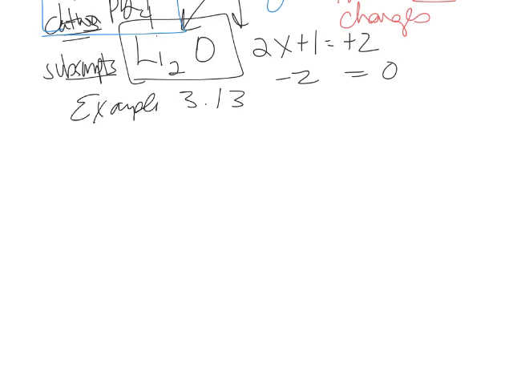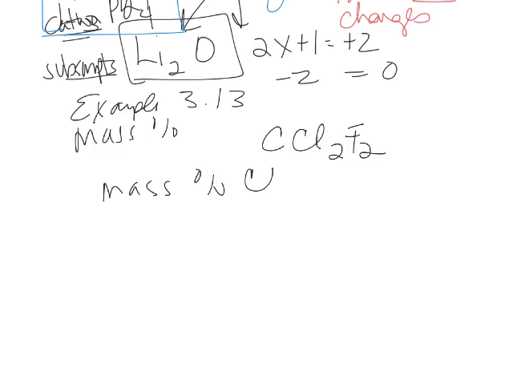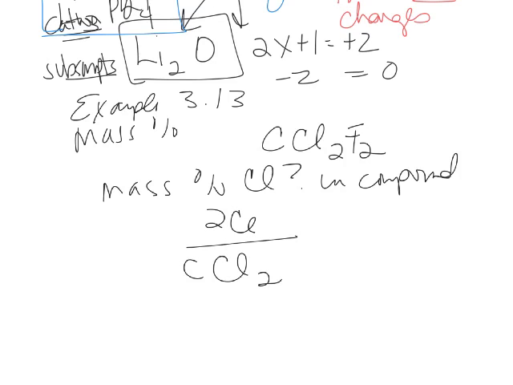Composition of compounds, 3.9. Yeah, I would definitely understand how to do mass percent. So if you have something like your example in the book, CCl2F2, and it asks you what's the mass percent of chlorine in this compound, then you have to do the part, which would be 2 chlorine, over the whole, which is carbon, 2 chlorine, and F2.